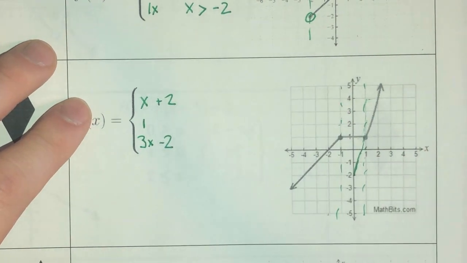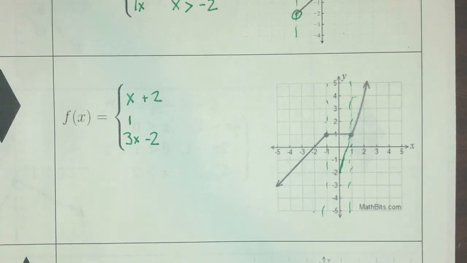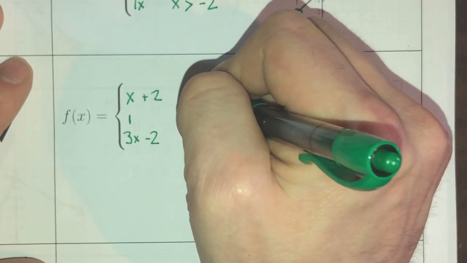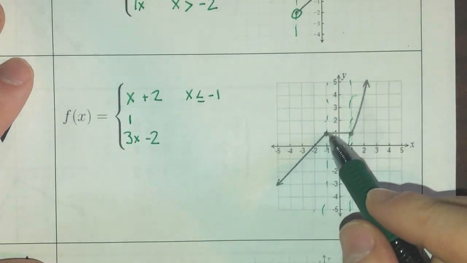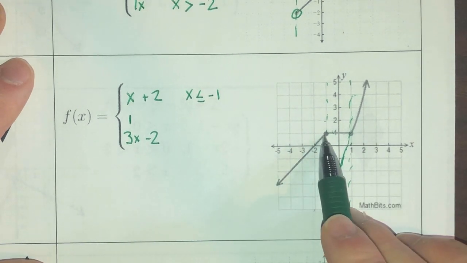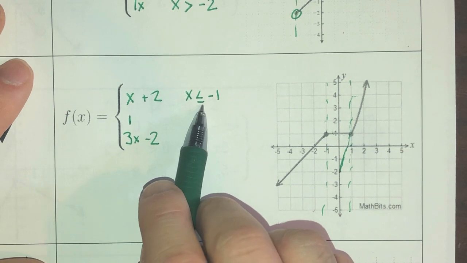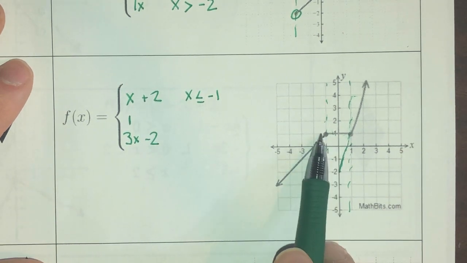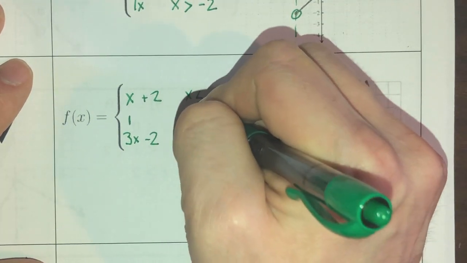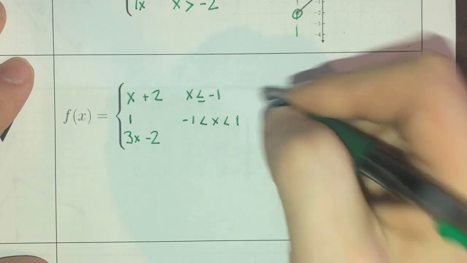Now, here's where I'm going to let you have some flexibility. For the rules, there's no flexibility. It's clear. Here's where it's not clear. So let's say I say this is x is less than or equal to -1, because it starts at down, down, down, goes all the way until x is -1. It doesn't matter if you do less than or equal to, because it's not clear based on how this is set up. However, on the next piece, I have to do something like this.